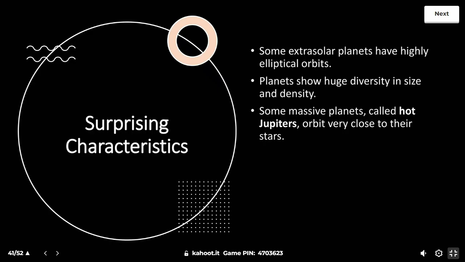So some of the interesting things that we've seen: there are highly elliptical orbits for some of these exoplanets. There's a big range in sizes and densities. And there are a couple of classes of exoplanets that we don't have in our own solar system. One of those is called hot Jupiters. Those are gas giants that are orbiting their stars very closely.